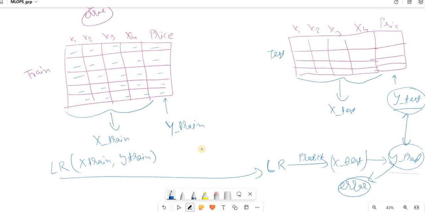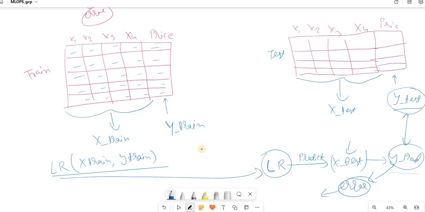And if that error is also low, same as in training, then I will say my model is now a skilled model, a good model which works well on new data as well. Because here I was training the model, and here I was not training. Here I was just giving the x input values of the descriptions of the house and asking the model to predict the value.